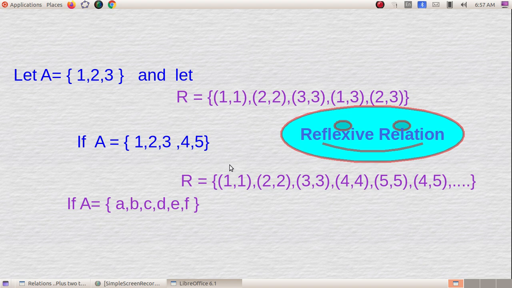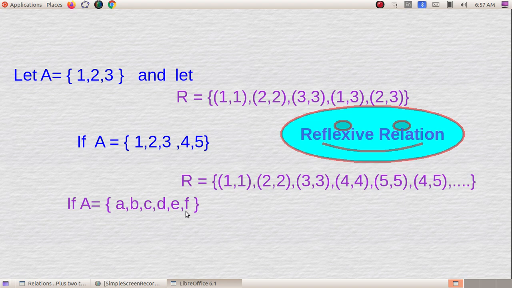Where 5 elements are in the set, 5 must be in the relation.